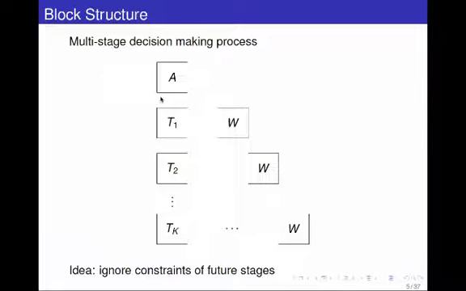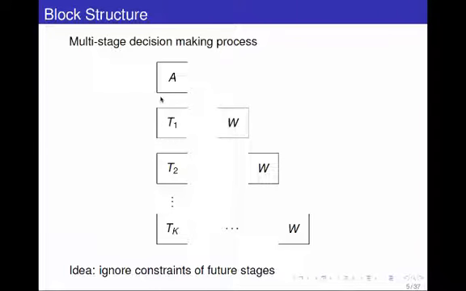So here, if you think about what kind of problems this structure represents, it's basically a two-stage problem where you first make a first-stage decision, and then that decision feeds into the second-stage through the T matrices.